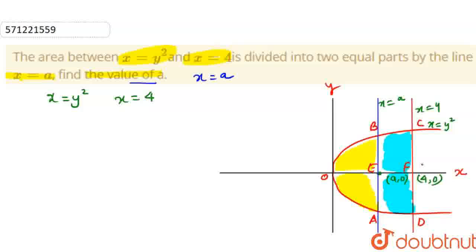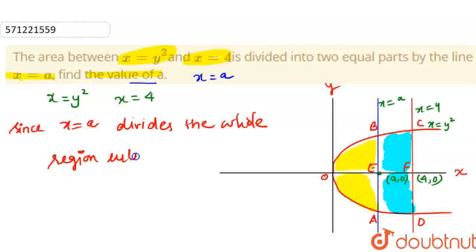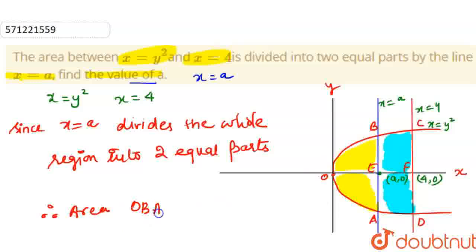So now we will write here, since the line x equals a divides the whole region into two equal parts, we can say that area of OBA, that means this whole region OBA, will be equal to area of BCDA, we can write it as ABCD.